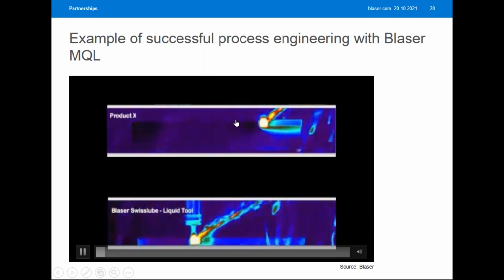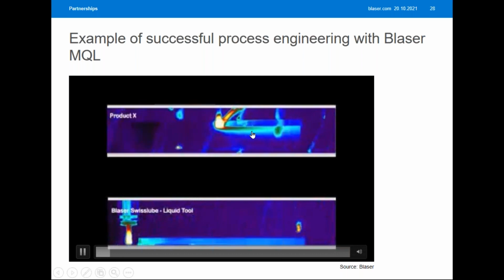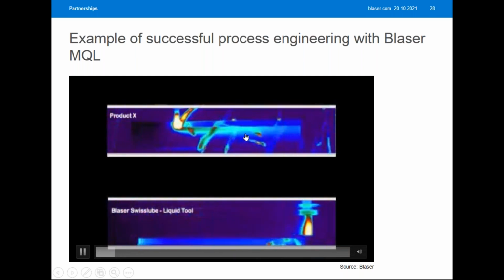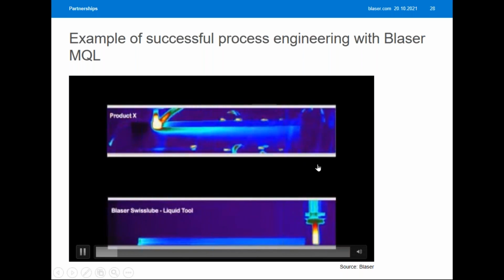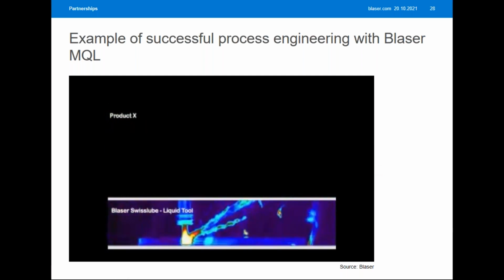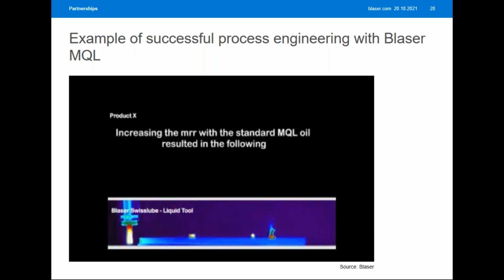So you see on the top, this was product X, the reference product from the customer, and with our liquid tool, we were able to increase the productivity. And just to show you what happened when we did the same with the other oil that was used before.